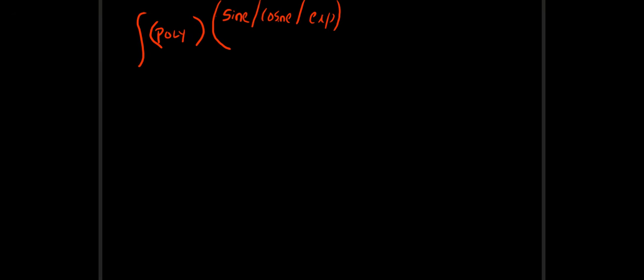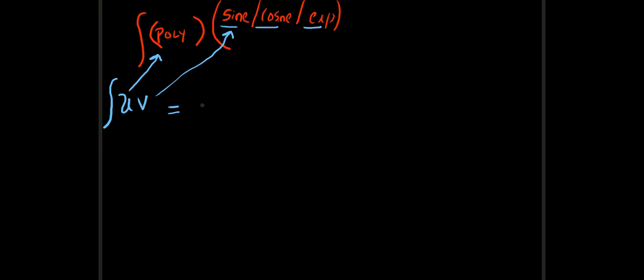You can note down the rule. Suppose you have u into v, and remember the method is best provided the first one is a polynomial and the second one is one of sine or cos or exponential functions.